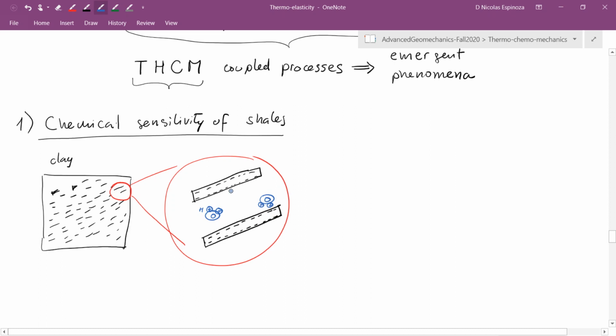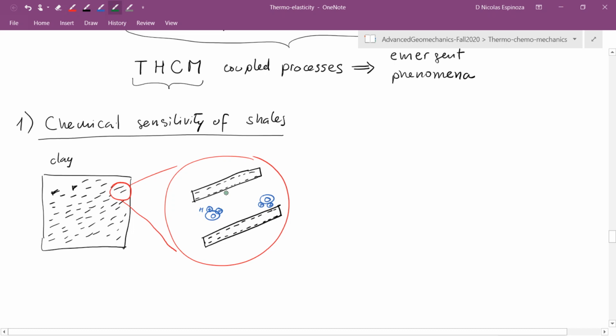And here now we have water in between these platelets. And not only water, but many times in geological applications, the water is not by itself. We don't have distilled water in rocks. What we do have are solutions of water with salts, where those salts are ions.